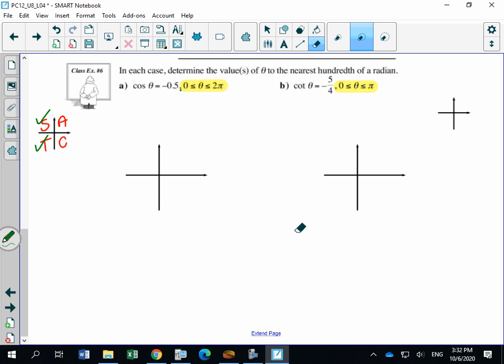From there, we need to find the reference angle. In order to get the reference angle, you would take the inverse cos of the absolute value of 0.5. It tells us up here how many decimals they want: the nearest hundredth of a radian. So I'll probably include a bit more decimals for the reference angle, and then I will clean up my answer at the end.